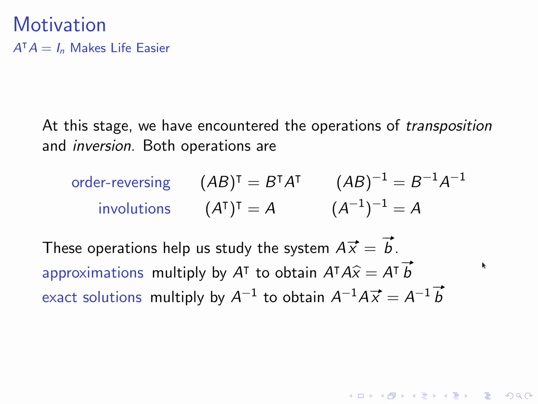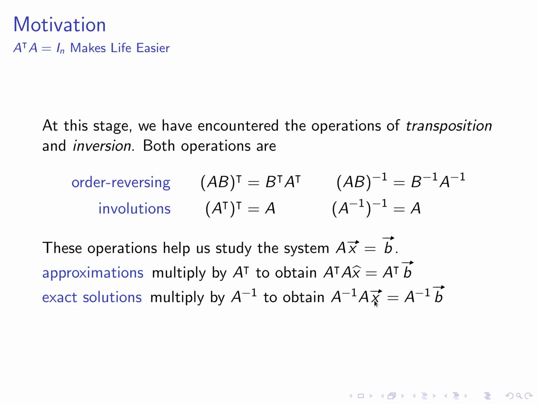So multiplying by A transpose on the left gives us the least squares approximate version of the original system. And multiplying on the left by the inverse gives us an exact solution. If we're lucky enough to be working with a system where the coefficient matrix is invertible, we could multiply the system on the left by A inverse, which gives us the formula A inverse A times X equals A inverse times B. And this, of course, is desirable because A inverse times A is not just some new matrix, it's guaranteed to be the identity matrix.